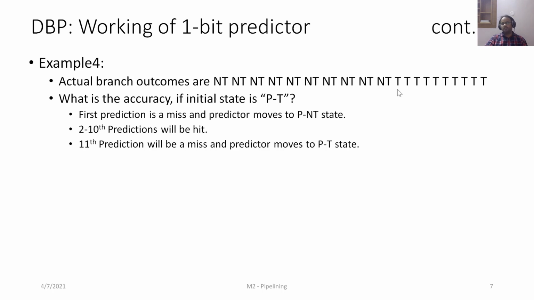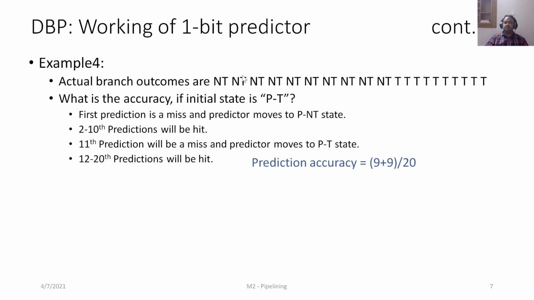So it is a misprediction. Accordingly, we will switch the state to predict taken. That will continue for the remaining 9 instances. So the accuracy would be first a miss, 9 hits, the 11th one a miss, and the remaining 9 are hits. So it is 18 upon 20.